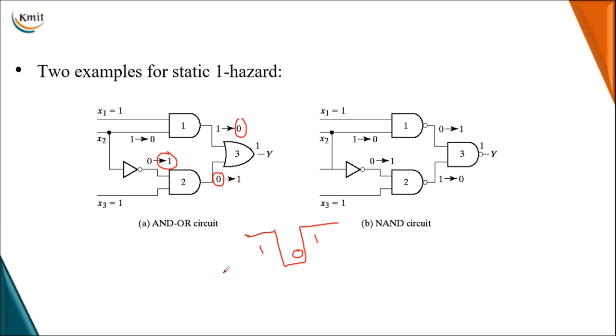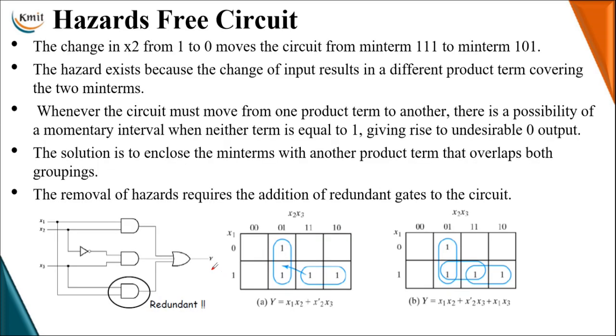In order to avoid this static 1 hazard, we are going to follow reverse mapping. In reverse mapping, by using a redundant term, you can avoid that. My expression for this circuit: the first AND gate gives the product term x1 x2, and the second AND gate gives the product term x2 bar into x3.